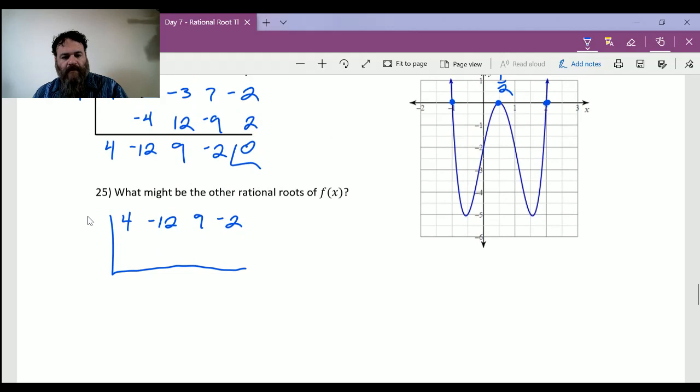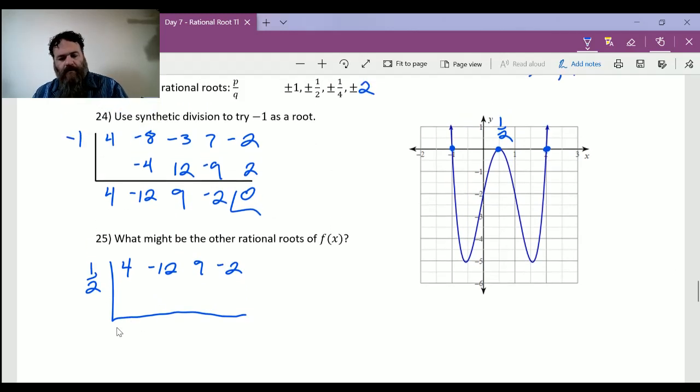Let's go ahead and do 1/2 now. Why not? Bring down the 4, multiply that, and we now have 2. Add them together, it's -10. Multiply, we're looking at -5. Add together is 4. Multiply together, and you get 2, and that cancels out.